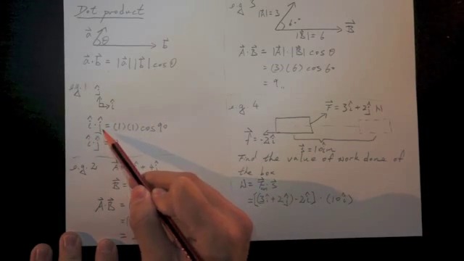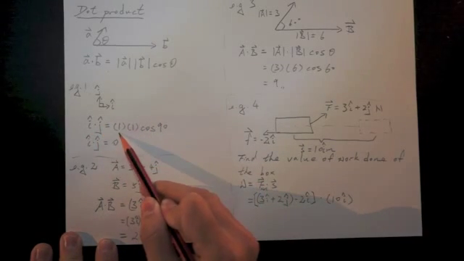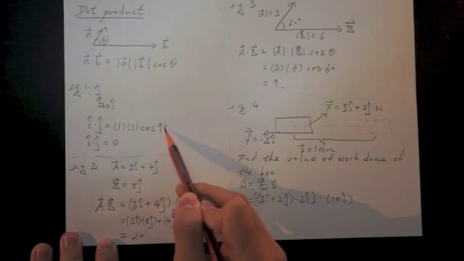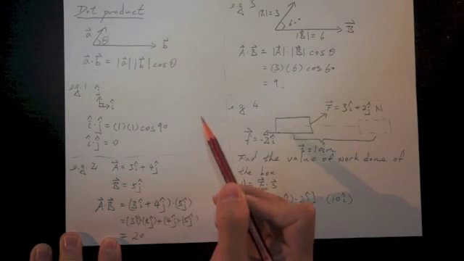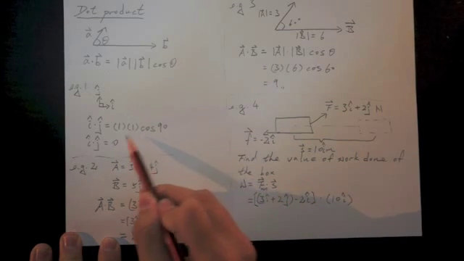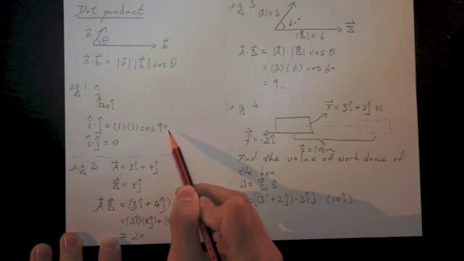So i dot j is equal to 1 times 1 times cosine 90 degrees. So we get 0 because cosine 90 degrees is equal to 0.